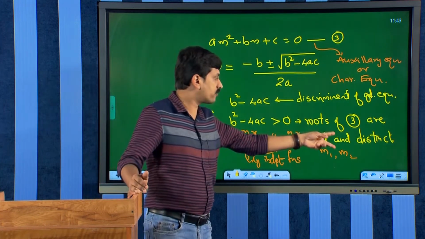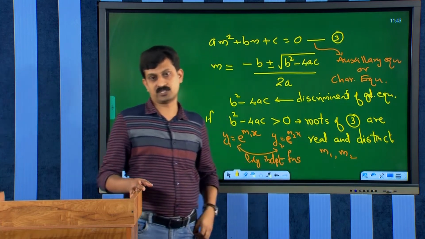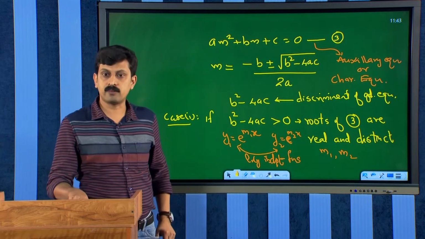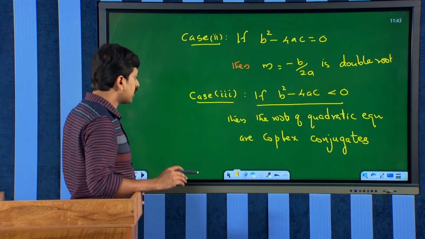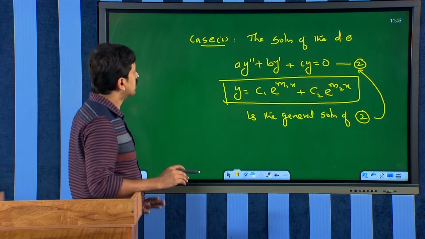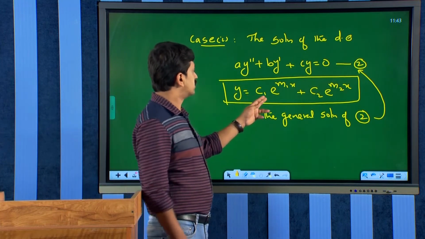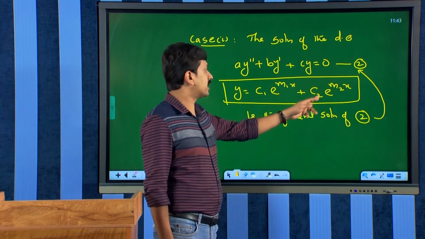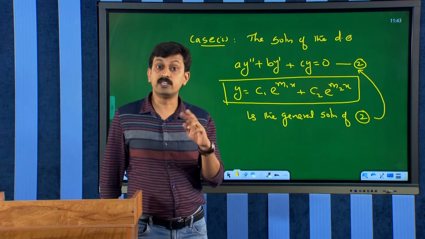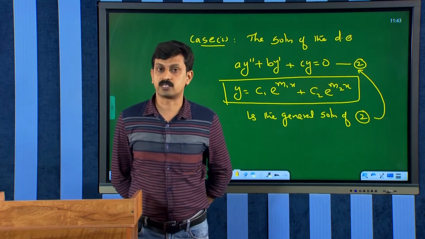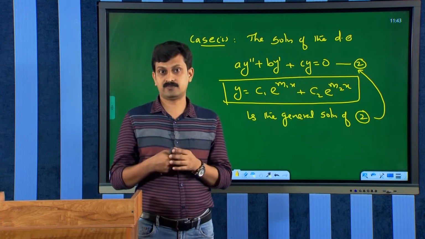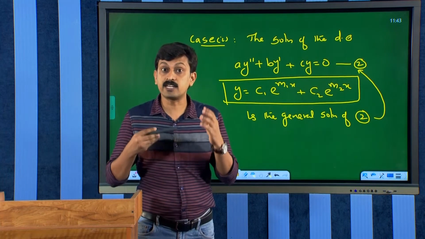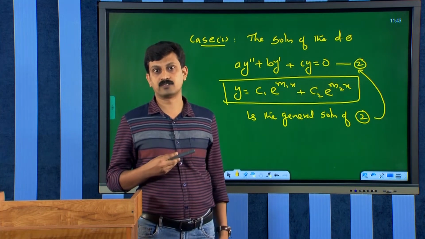If the values of m are real and distinct, then e raised to m1x and e raised to m2x are two linearly independent solutions of the differential equation. So, they will form a basis, a fundamental system for the differential equation.